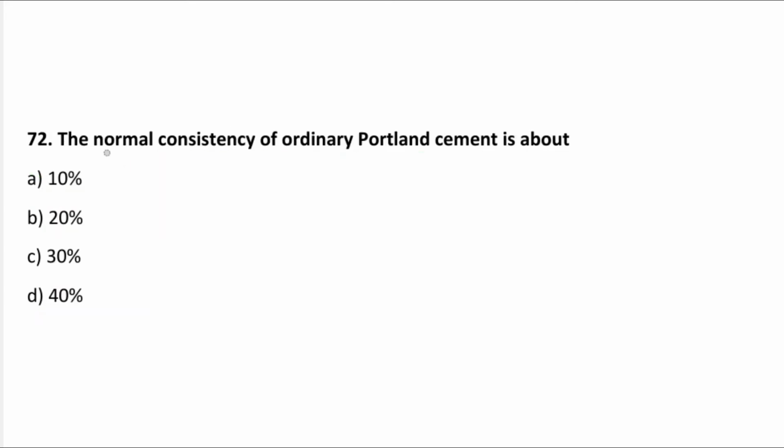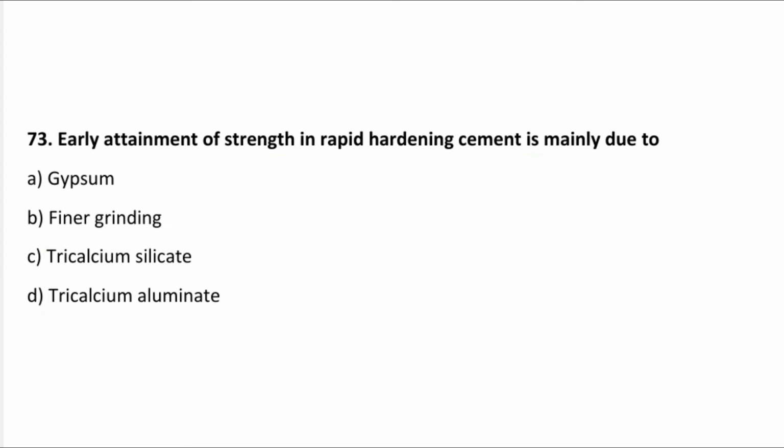So next question, the normal consistency of ordinary Portland cement is option A 10%, option B 20%, option C 30%, option D 40%. So the correct answer is option C, 30%. So next question, early attainment of strength in rapid hardening cement is mainly due to option A gypsum, option B finer grinding, option C tricalcium silicate, option D tricalcium aluminate.